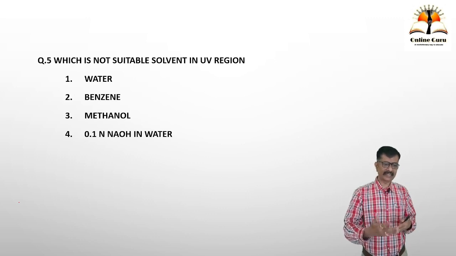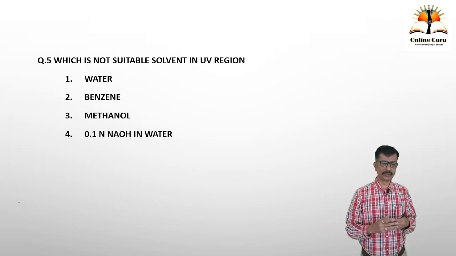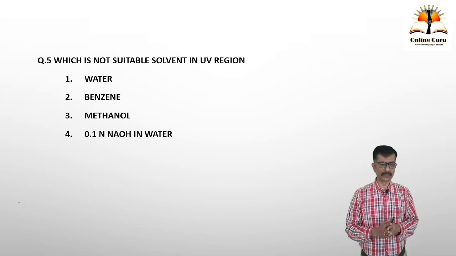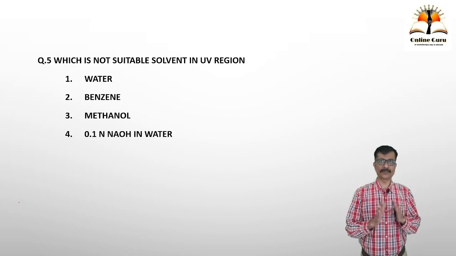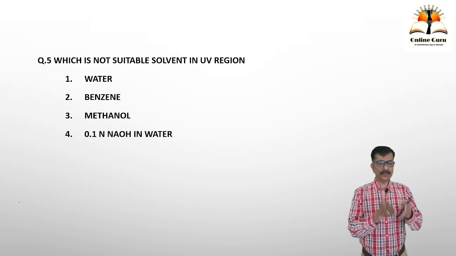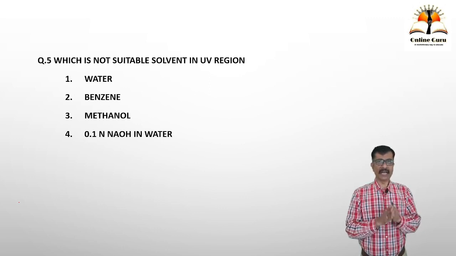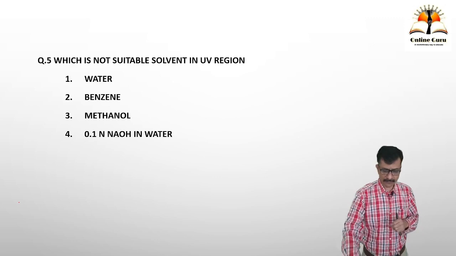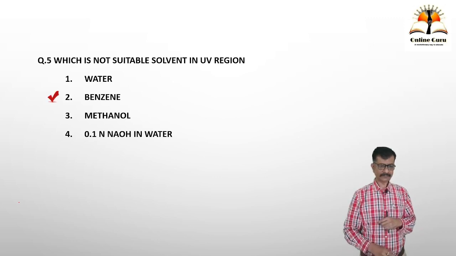Water is transparent to UV, methanol is transparent to UV, NaOH in water is also transparent to UV, but benzene absorbs because it is an aromatic, conjugated system; its lambda max is 255 nanometers, so it absorbs in the UV region. So benzene cannot be used as a solvent while working in the UV region, so the answer is benzene.